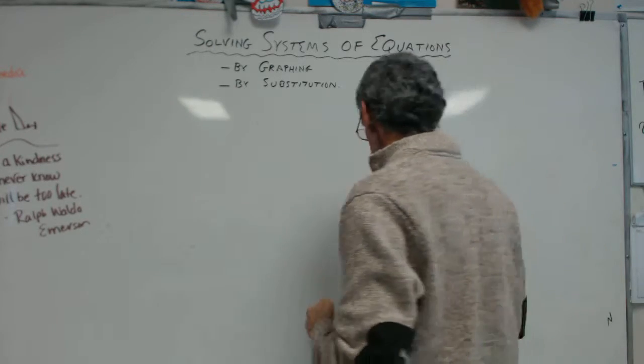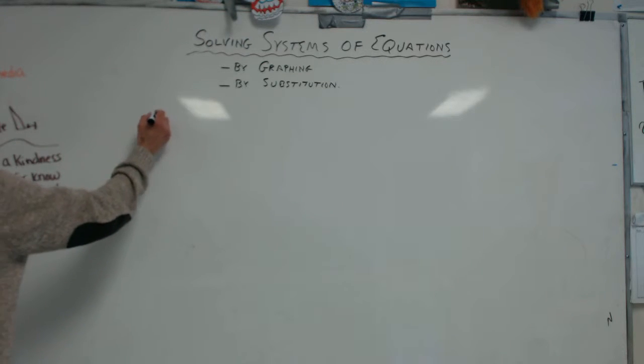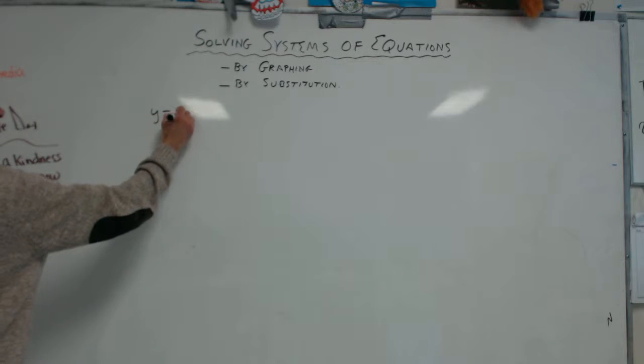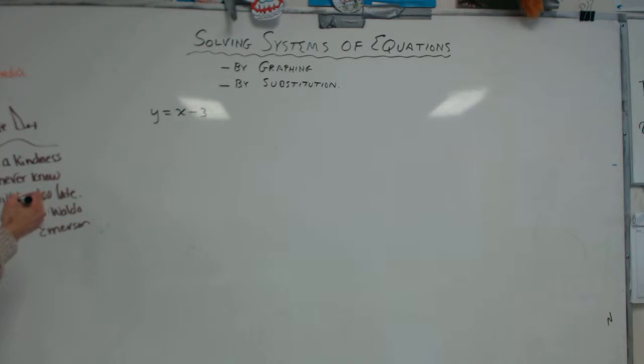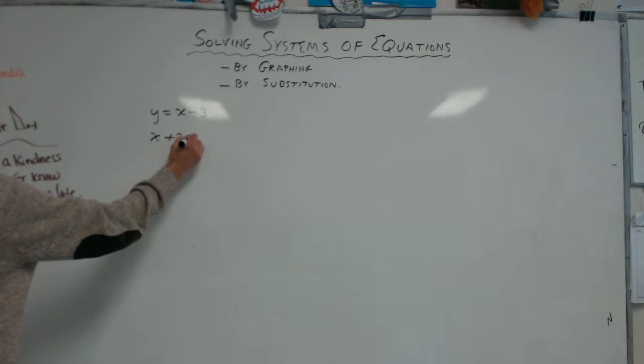So if I did something like this: y is equal to x minus 3, and x plus 2y equals 6.